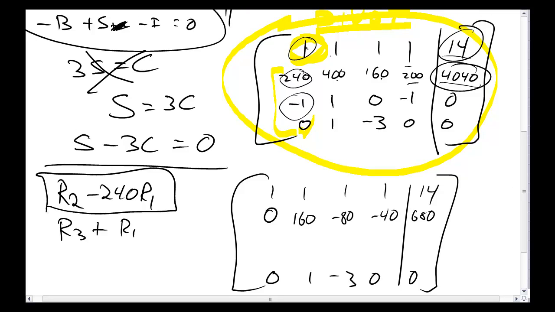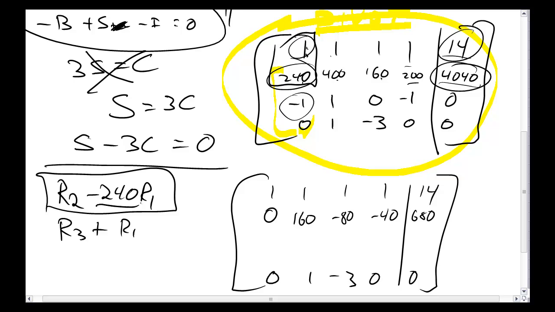When you're trying to figure out that equation, all you're doing is looking at these 2 numbers. How do I subtract this number off of this one to get this 0? So it's always going to be this row, which is row 2, plus or minus something times row 1. So now you just have to figure out, well, 240 minus what equals 0? Well, 240 minus 240 equals 0. So that tells me exactly what the numbers are.